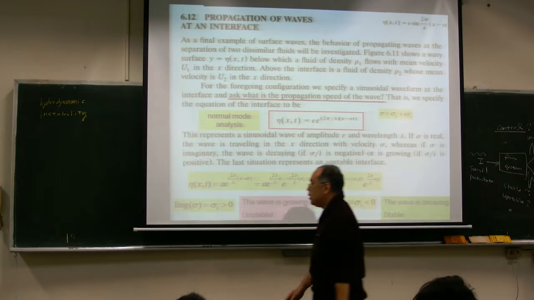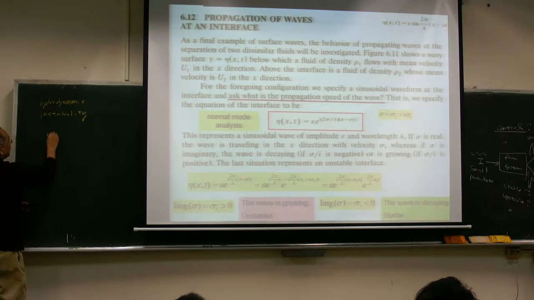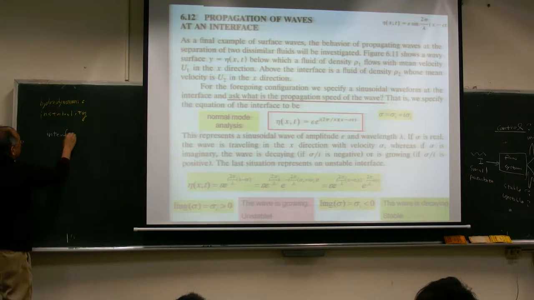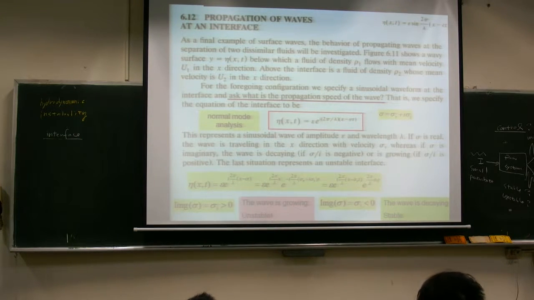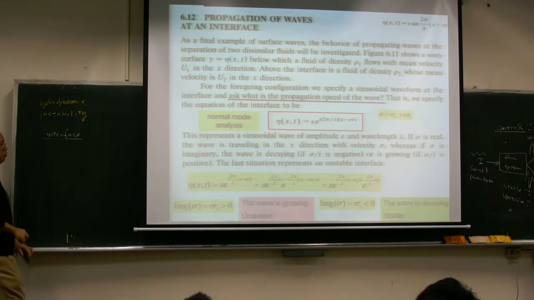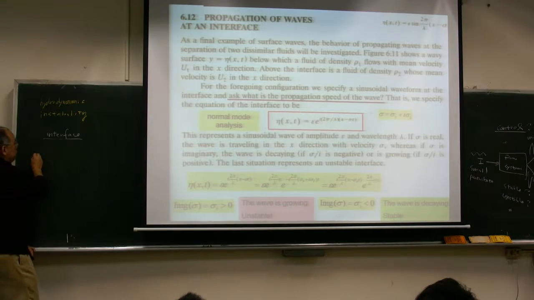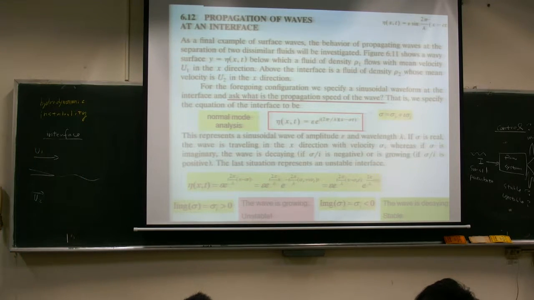What's the interface here? Interface is usually very interesting. All the interesting phenomena happen at the interface. For example, you have two fluids with different speeds, and then we have the interface between them.